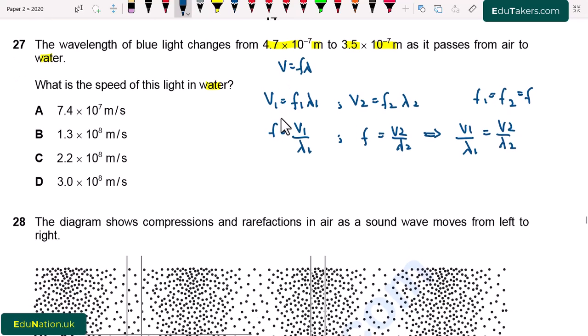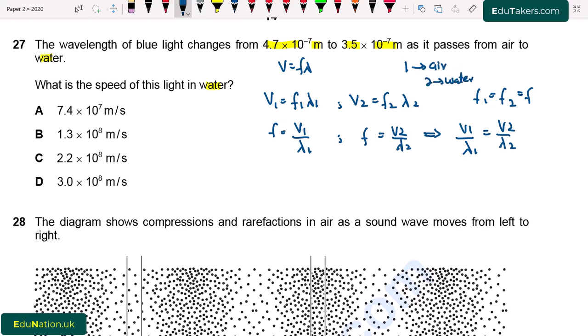So here we have to find the speed of this light in the water. I suppose that subscript 1 is for air and 2 for water.